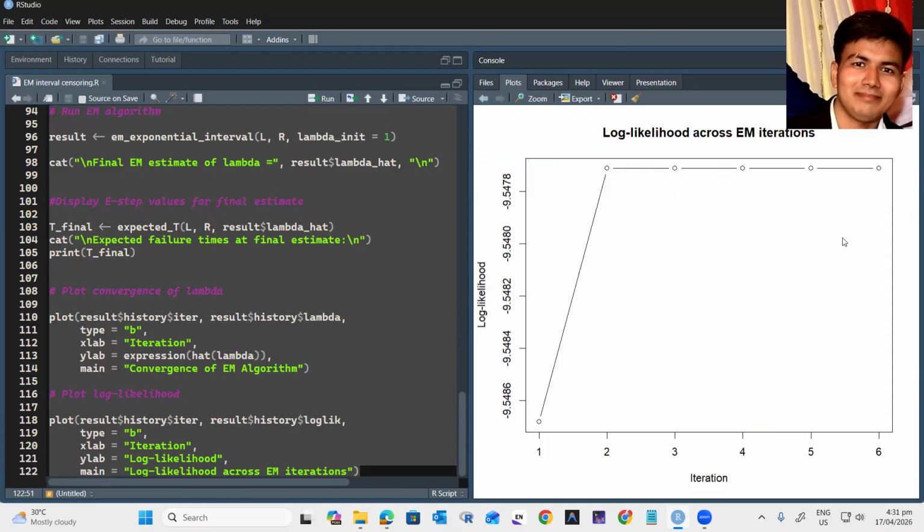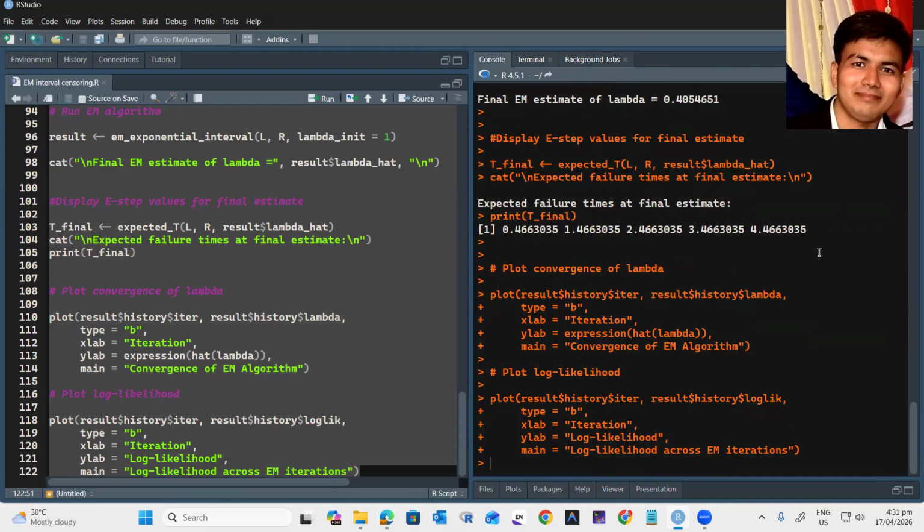So that is your log likelihood plot. All right, and the maximum value of your likelihood is here, more than around -10. Okay, so that is your likelihood value.